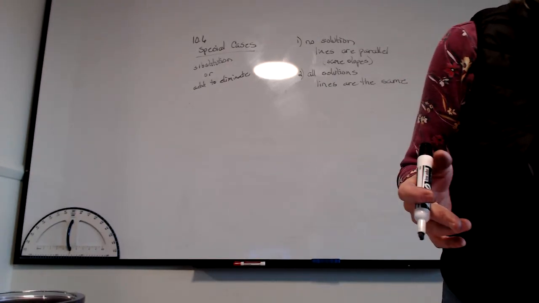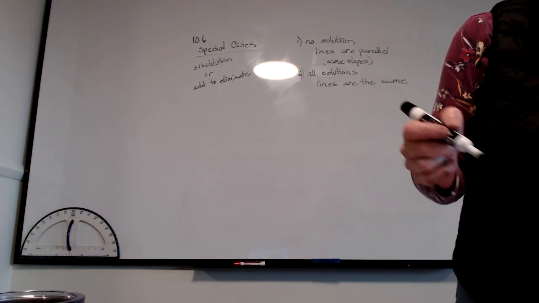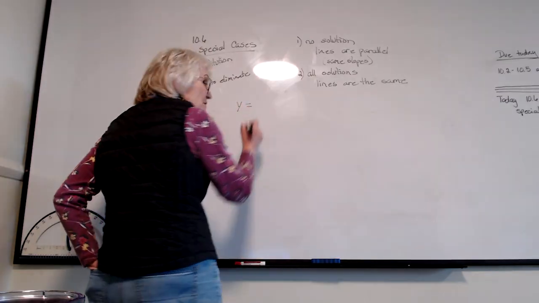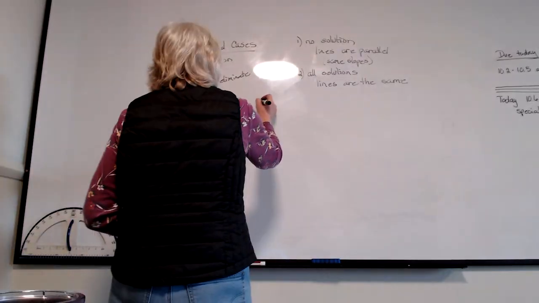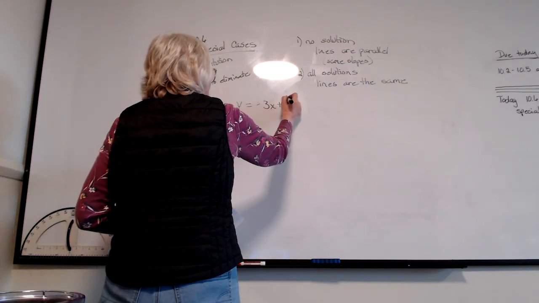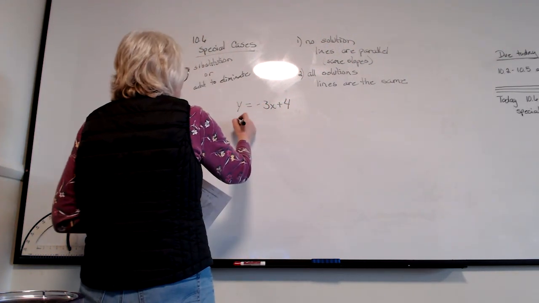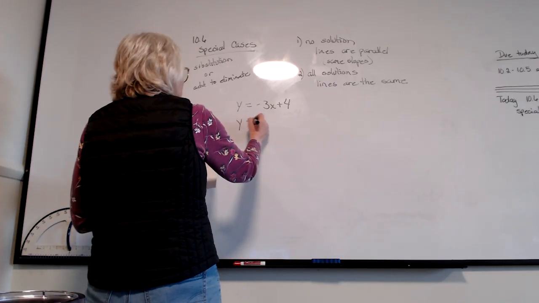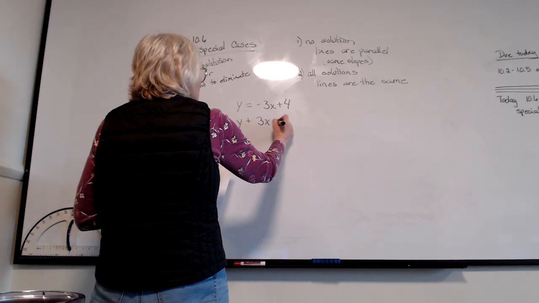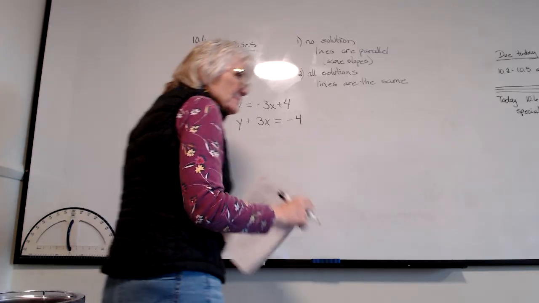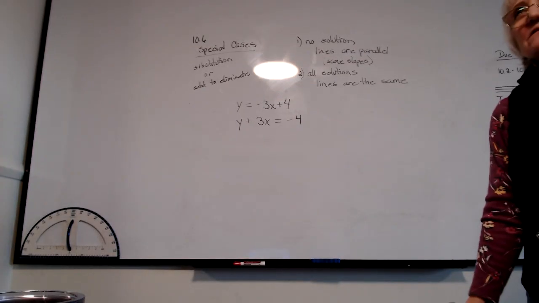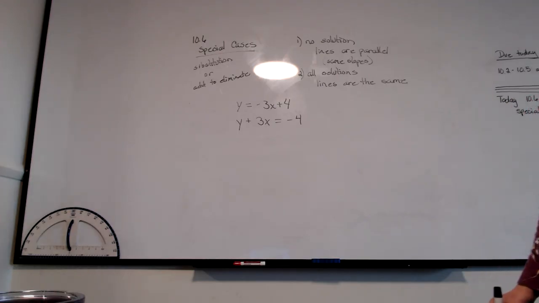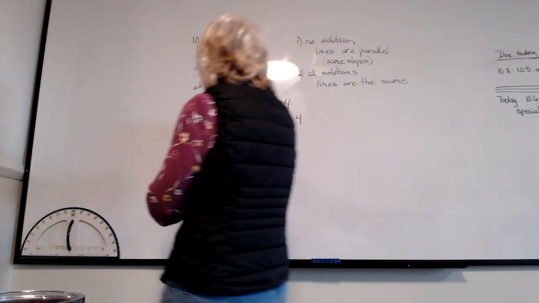So let's say that we have this problem. y equals negative 3x plus 4, and then we have y plus 3x equals negative 4. We are going to solve this by substitution.